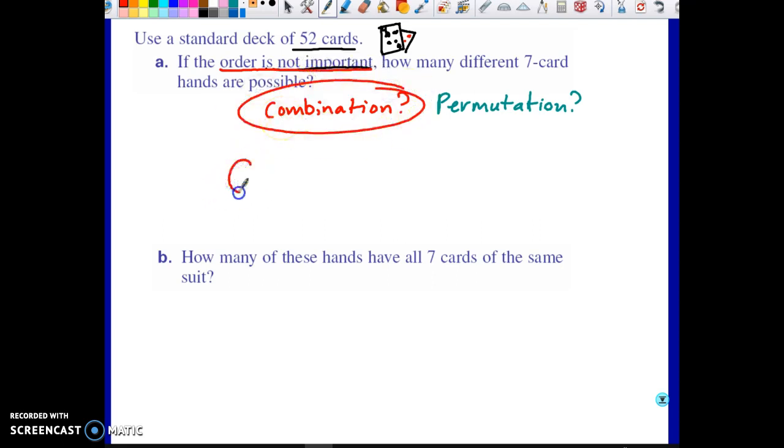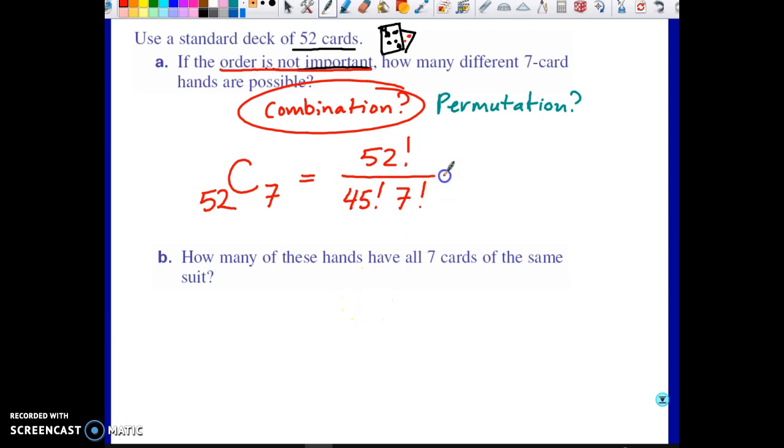Now, to do the combination, I put the giant C there. How many objects do I have to choose from? There are 52 objects to choose from. How many do I want to group at a time? 7. 52 choose 7 is 52 factorial divided by 52 minus 7, which is 45 factorial, and then 7 factorial again.